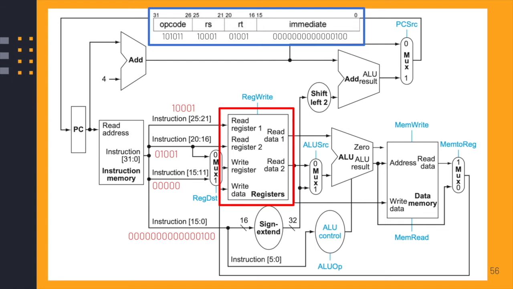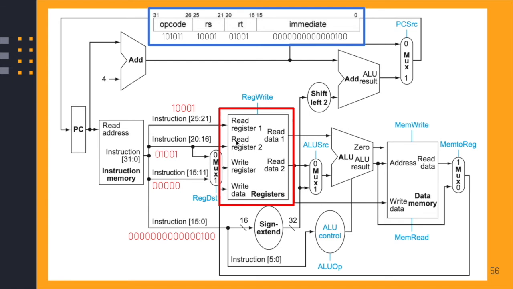Even if it is a dummy data path, it is somehow smart in that it always retrieves the value of RT regardless of what instruction you are performing, because not all I format instructions neglect the value of RT. The store instructions, store word and store byte and whatever store instructions, actually use the value of RT to store it in the data memory.